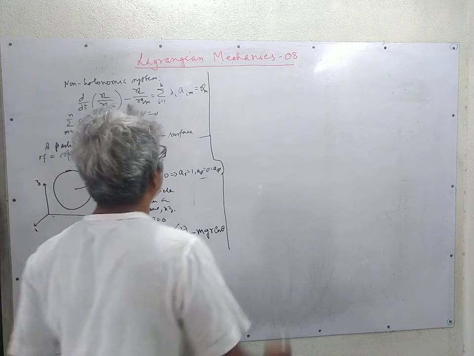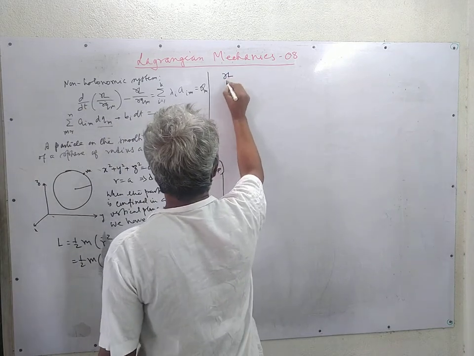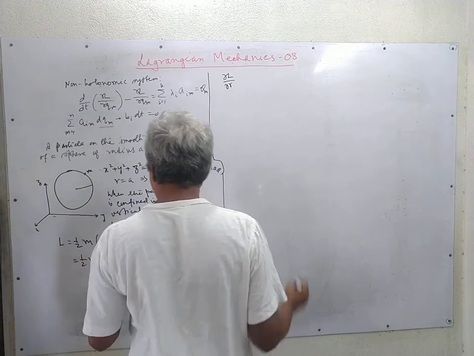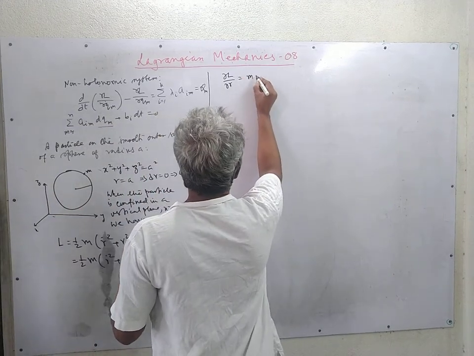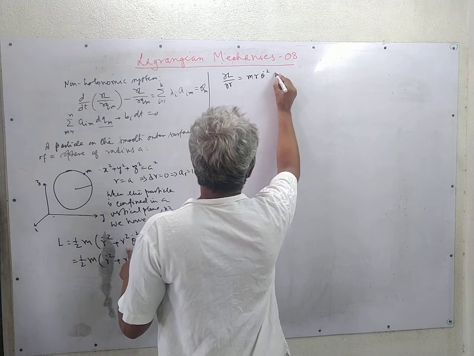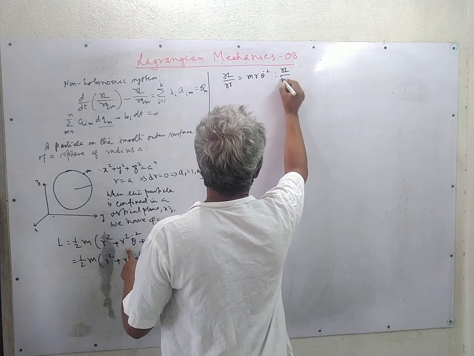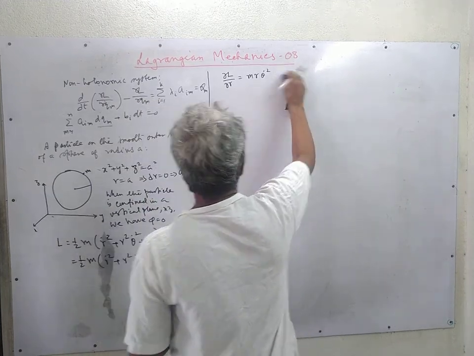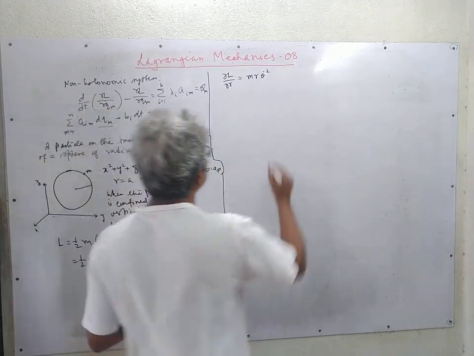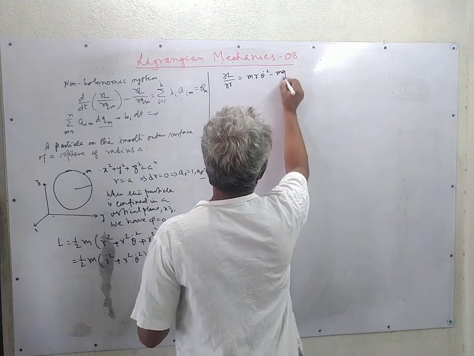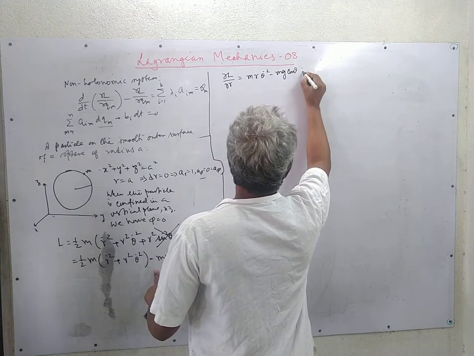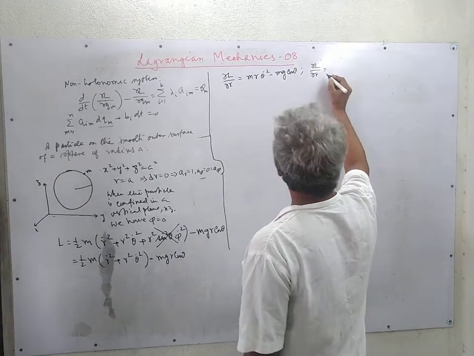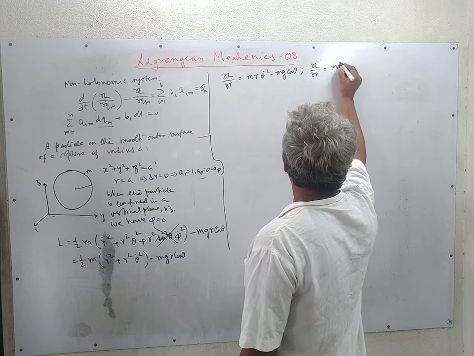Now coming to the r equation. Del L del r is m r theta dot square, and there is another contribution, minus mg cos theta, and del L del r dot is m r dot.